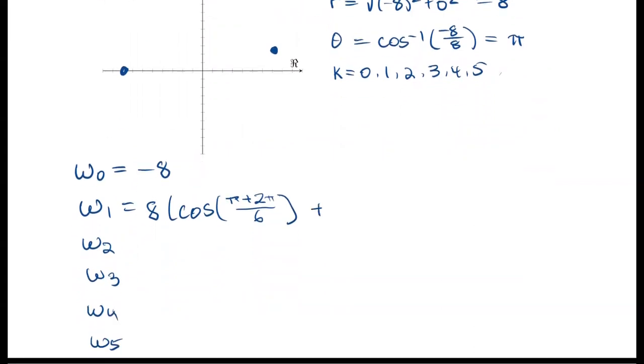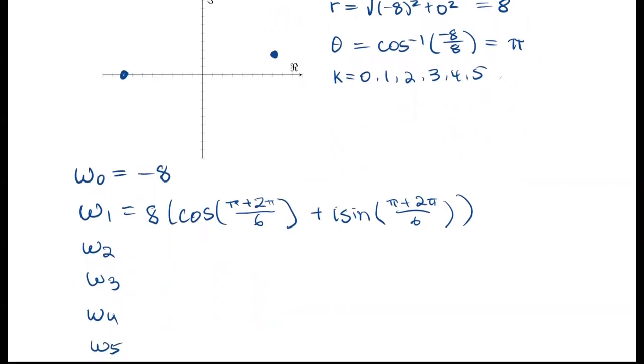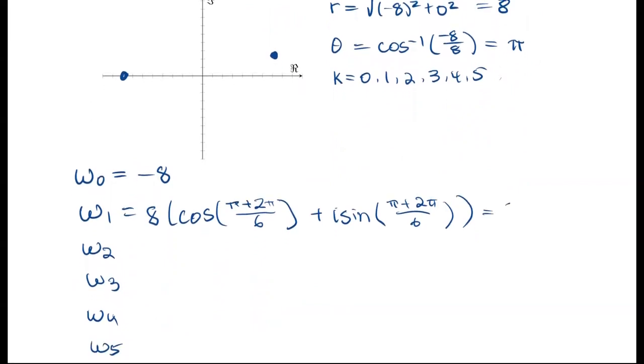And then we add i sine of pi plus 2 pi divided by 6. So that's also the same as saying, well, we would have the modulus times cosine pi over 2 plus i sine pi over 2.